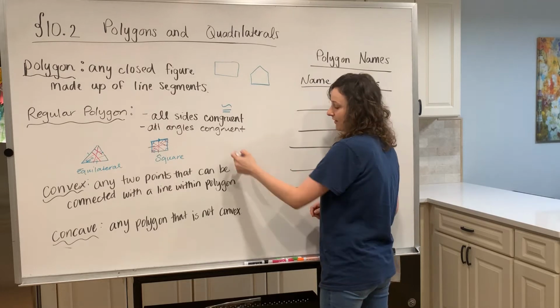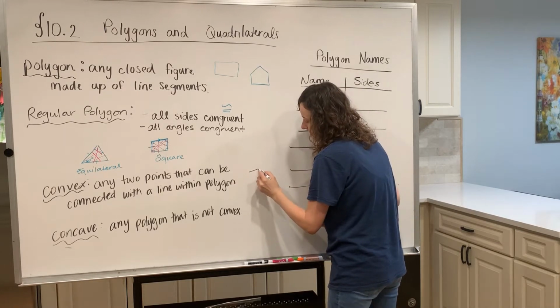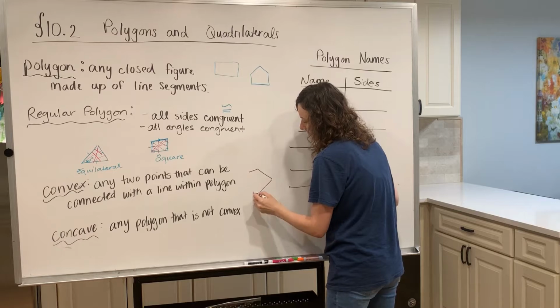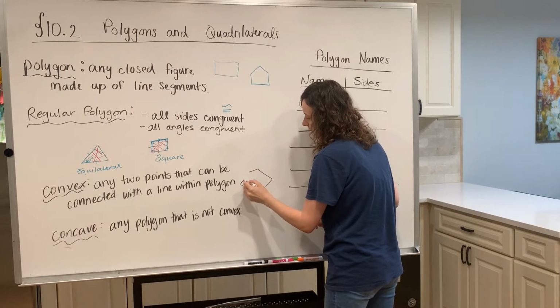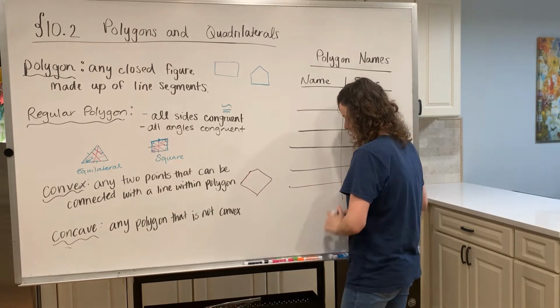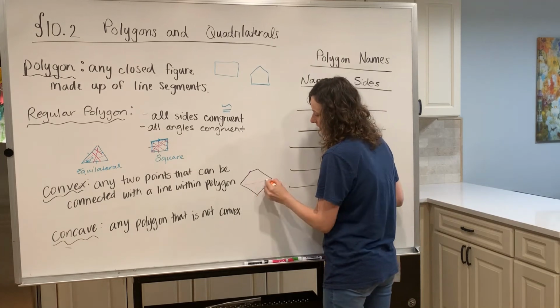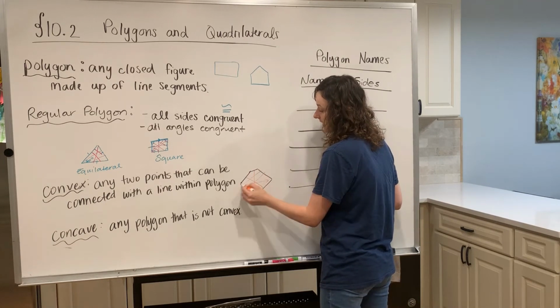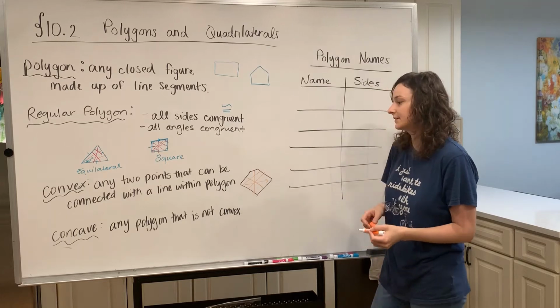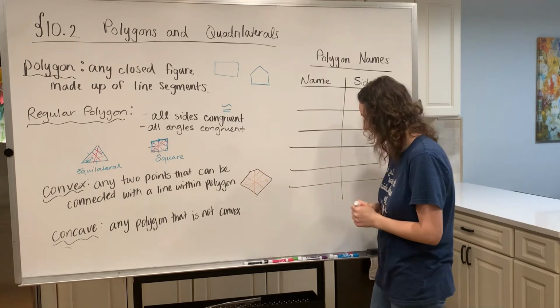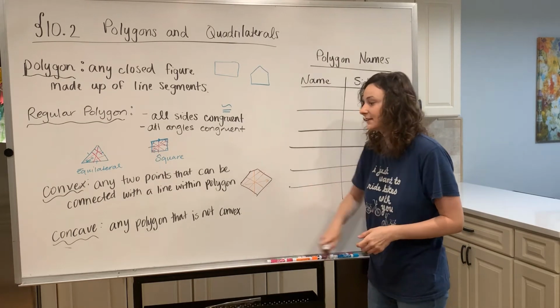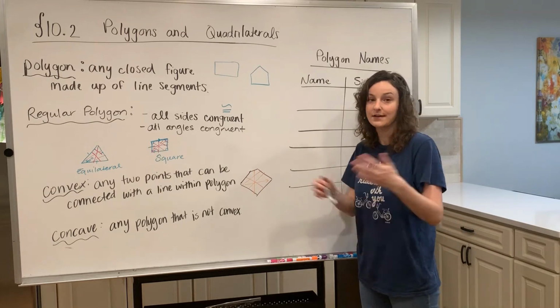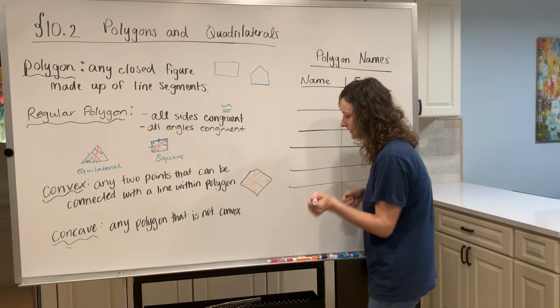The shapes do not have to be regular. So you can have something like this, which is a polygon. As long as all the lines inside stay inside, then it is a convex polygon. An example of one that is concave, and a concave polygon is just any polygon that's not convex.